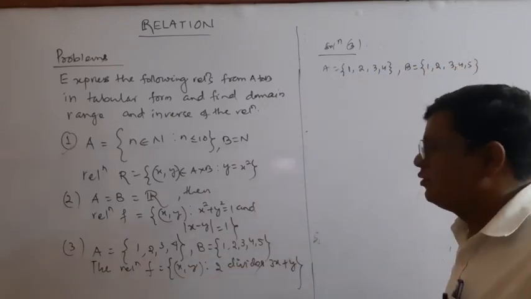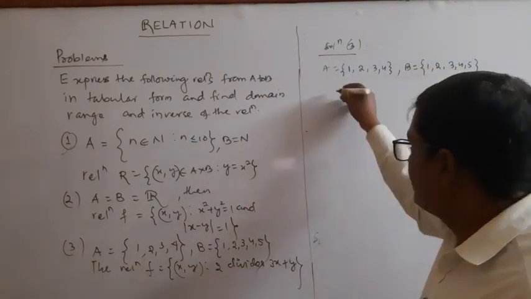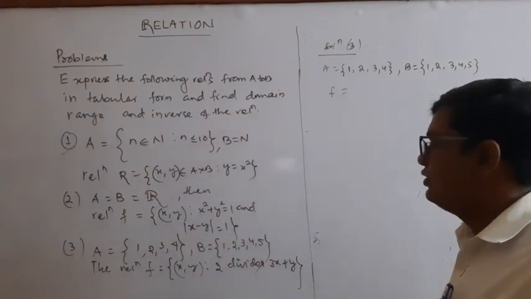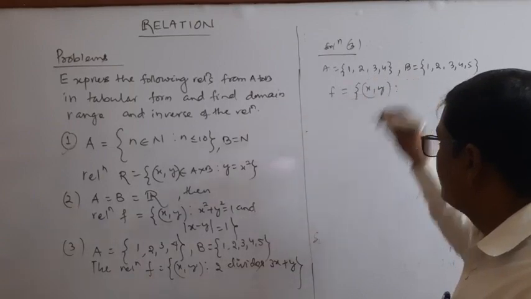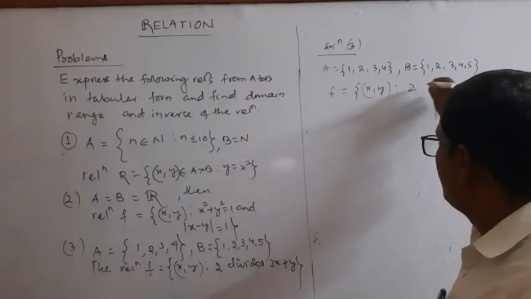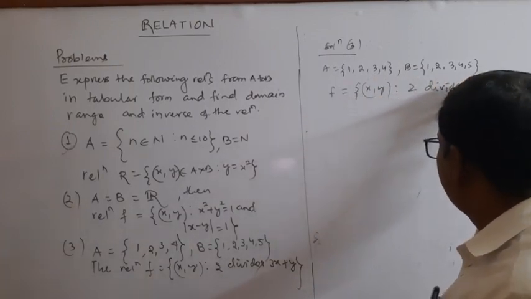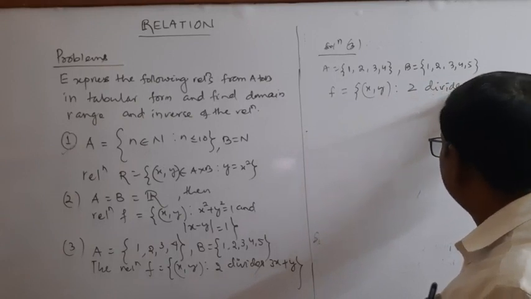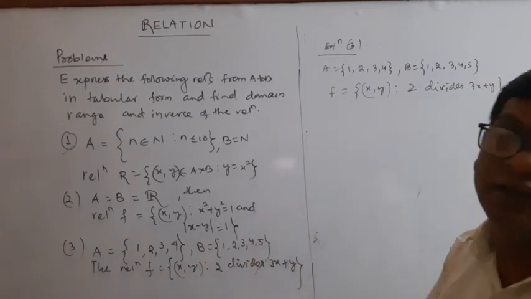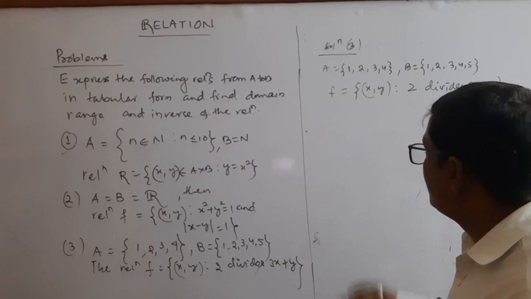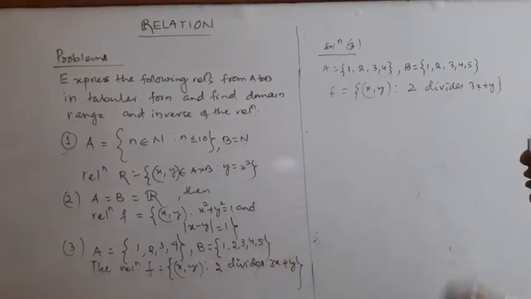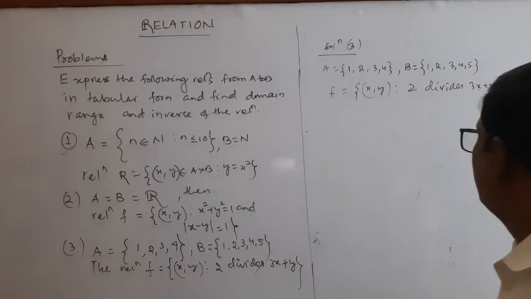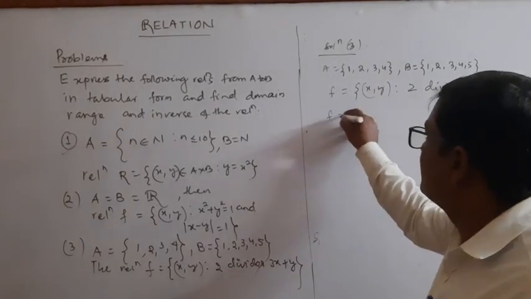R is the relation f equal to {(x, y) such that 2 divides 3x plus y}. It is the relation. Suppose x is equal to 1, 3 into 1, y equal to 1. So 3 plus 1, 4 by 2. So f is equal to what?